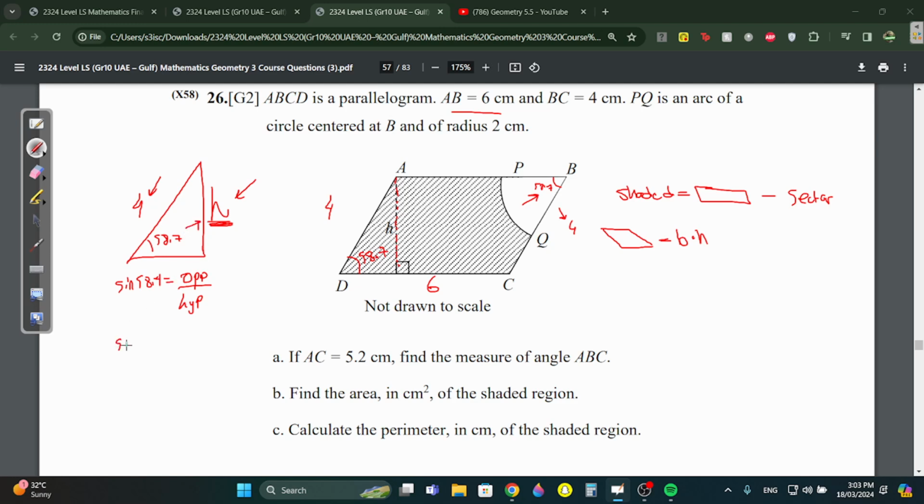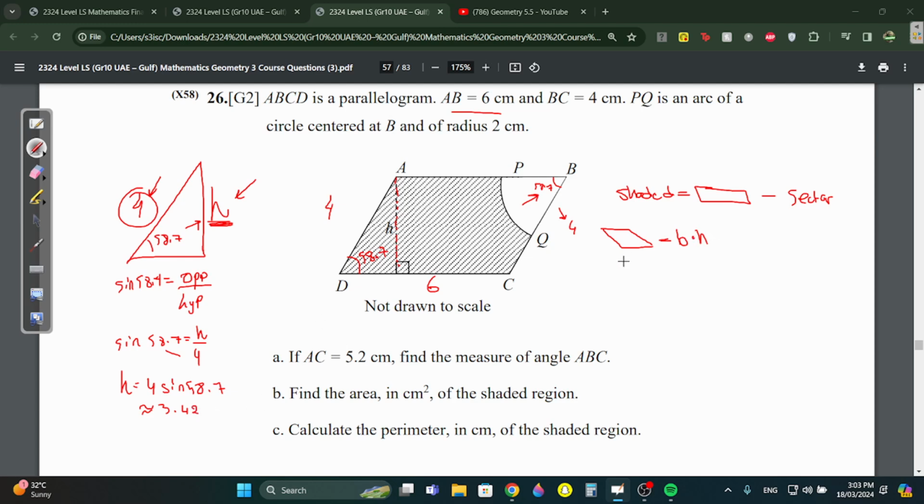It's H. So sine 58.7 equals H over the hypotenuse 4. Cross multiply, you get H equals 4 sine 58.7, which is going to be 3.41. So let's just say it's 3.42.